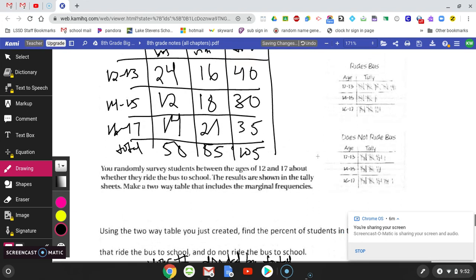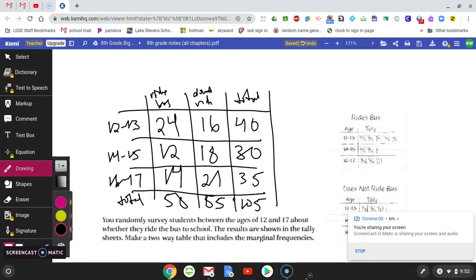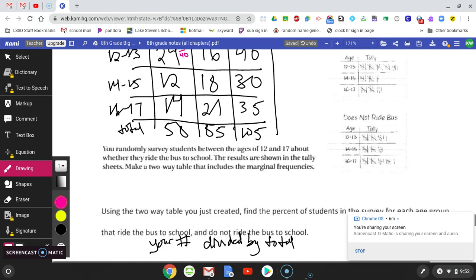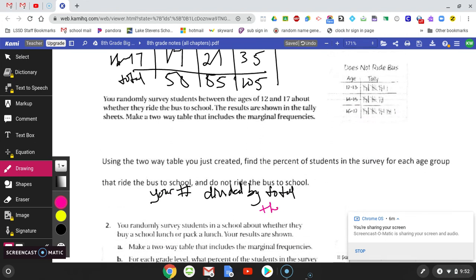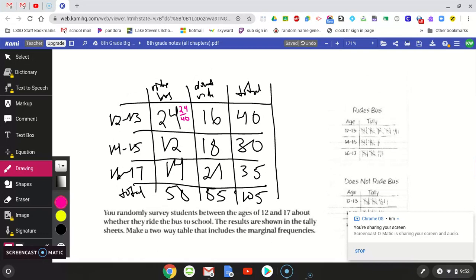If I come back up here to this table, what I would need to do would be 24 divided by 40. In my calculator, 24 divided by 40 gives me 0.6. Then you'll multiply that number by 100 because we're changing it from a decimal to a percent. So that means move the decimal over 2 places. So 0.6 turns into 60%.